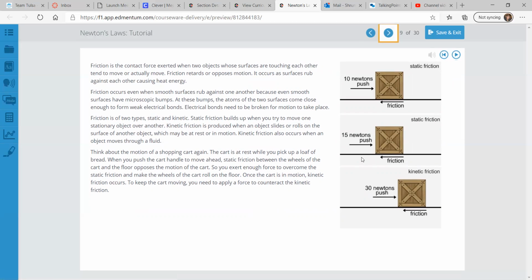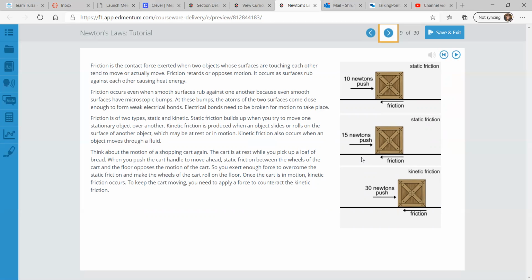Friction is the contact force exerted when two objects whose surfaces are touching each other tend to move or actually move. Friction retards or opposes motion. It slows it down. It occurs as surfaces rub against each other, causing heat energy.